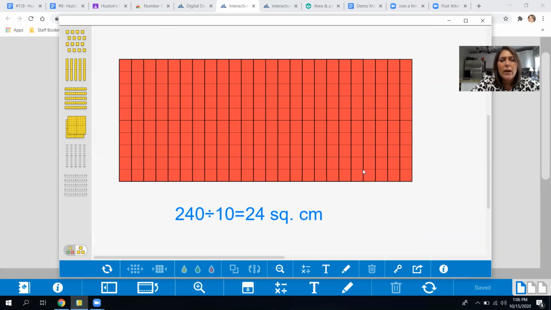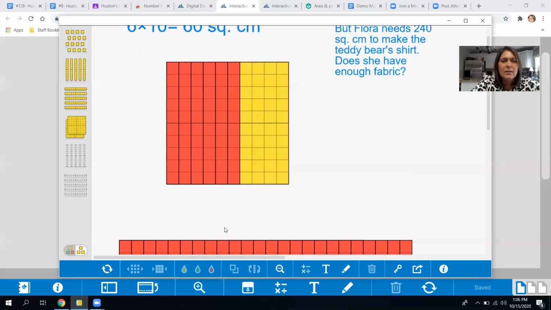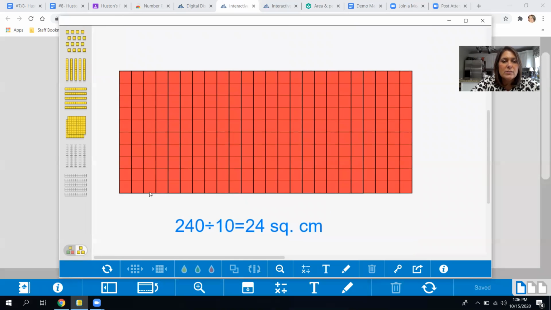Well, one way you could do it is to take that 240, and since we are working in base 10, divide that by 10, and that would give you 24, which you can see I've represented here with my base 10 mats.